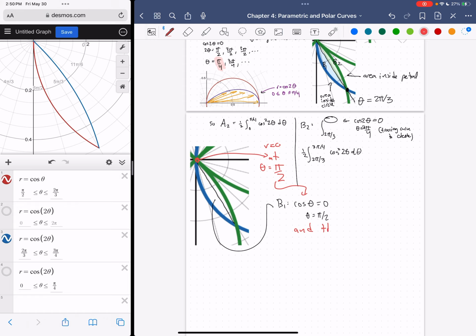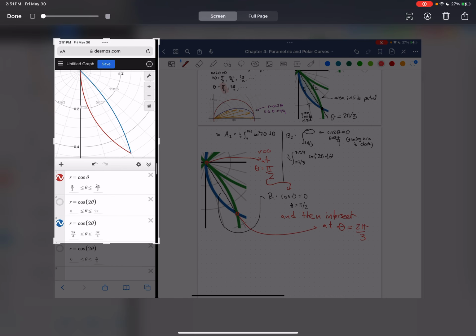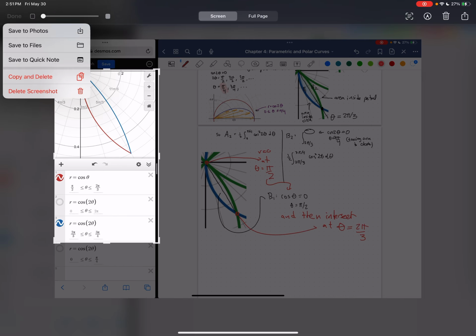And then they intersect at theta equal to 2 pi over 3. And indeed, actually, yeah, I'll take a screenshot of both of these and add them with the limited graphs to kind of show what's going on.